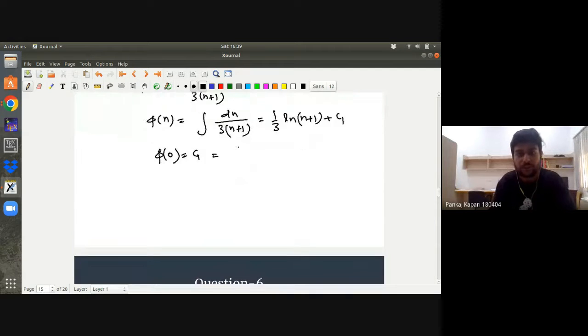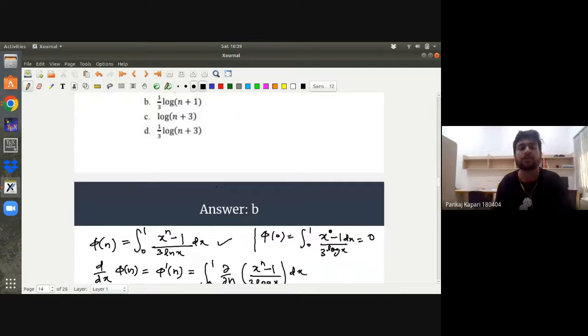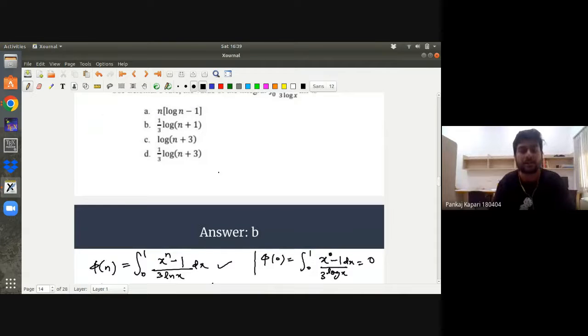Therefore, c1 will become 0, and hence phi of n is equal to 1 by 3 log of n plus 1. So what is the correct answer? B is the correct answer.